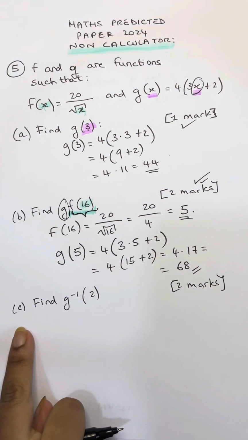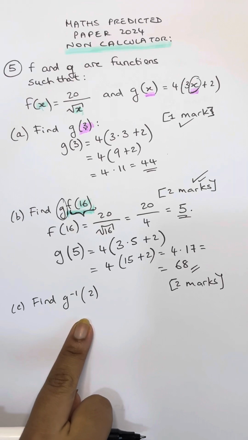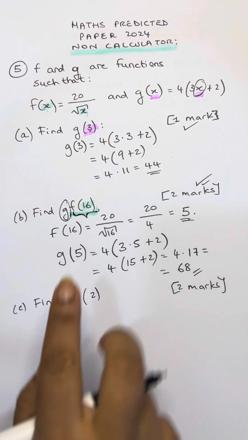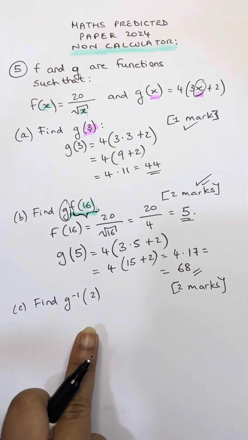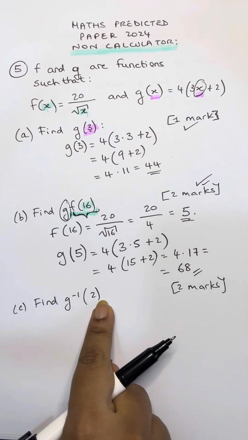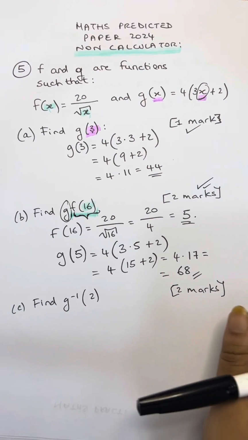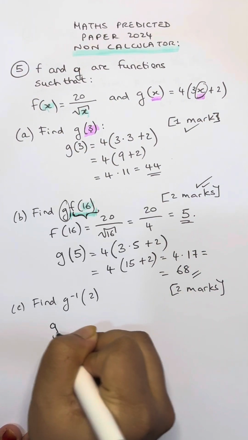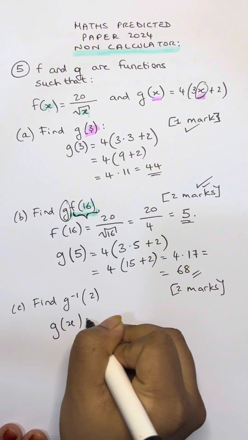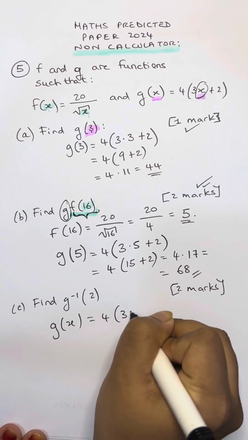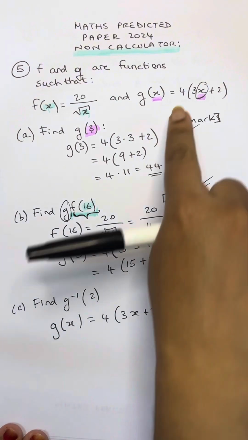Okay. The last part of the first question is to find g inverse of 2. What it means is that your original equation is g of x equals 4 times, open a bracket, 3x plus 2, right? I've just rewritten this.